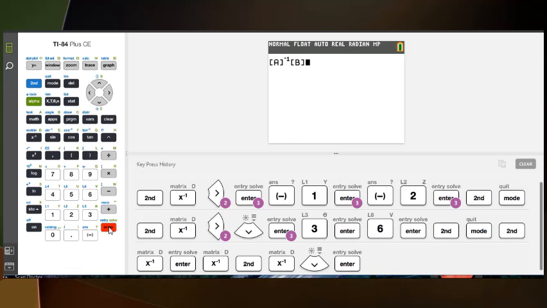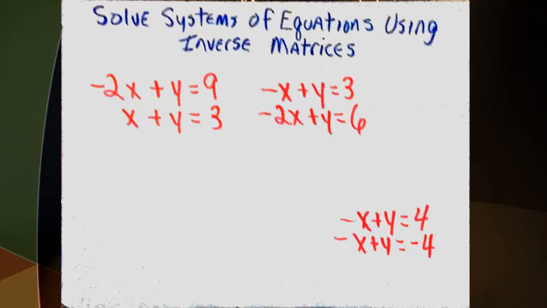I put it in my math screen, so I got the inverse of matrix A, which is my coefficient matrix, times my constant matrix, which is matrix B. I hit enter, and it tells me that X is going to equal minus 3 and Y is going to equal 0.